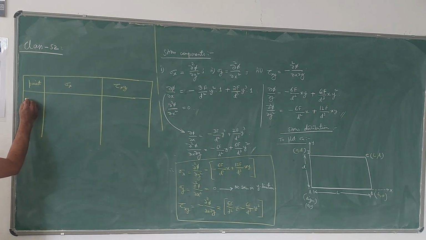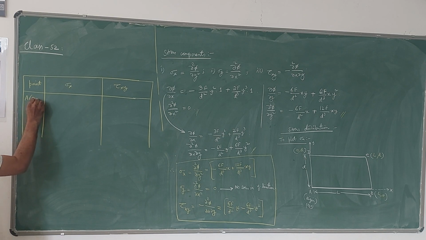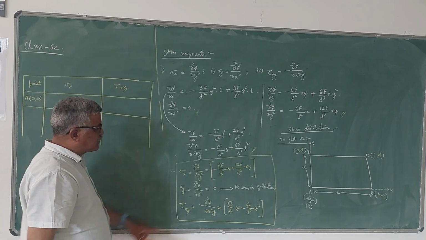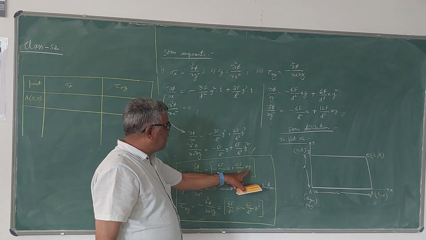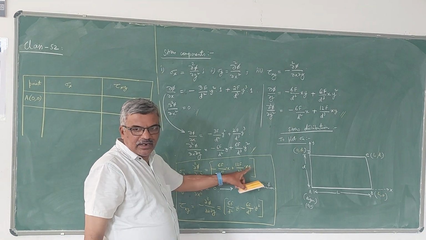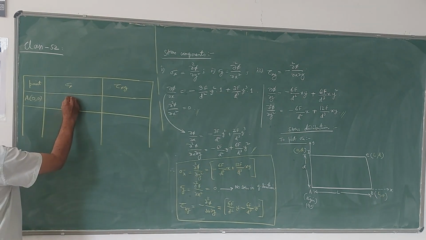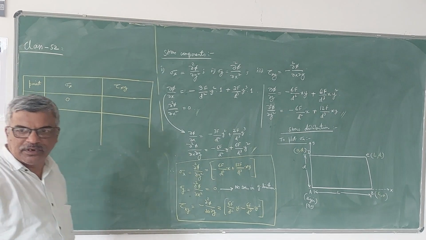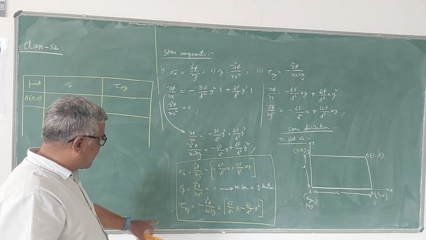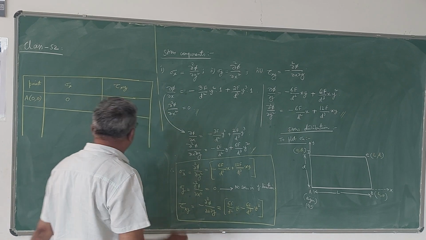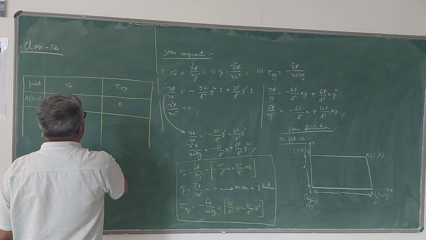What are the points now? Point A: 0, 0. You substitute x is equal to 0, y is equal to 0 here. Correct? Sigma x value is 0. Tau xy, put x is equal to 0, y is equal to 0. This also becomes 0.